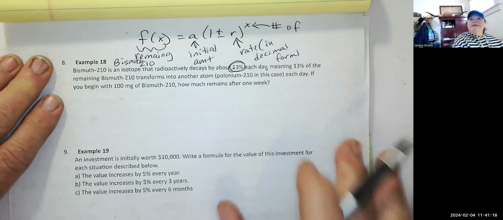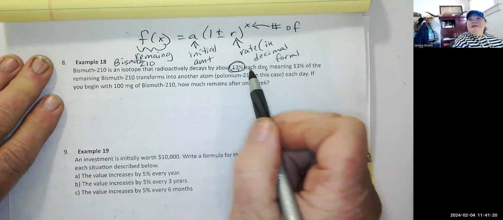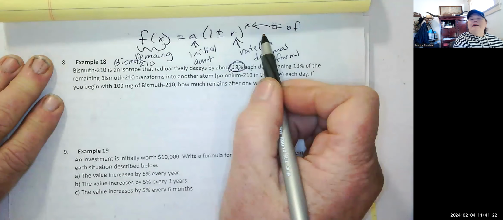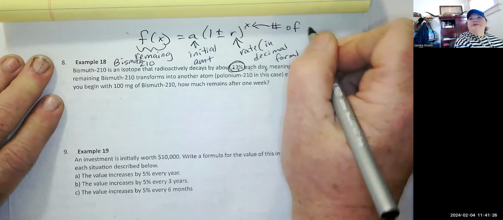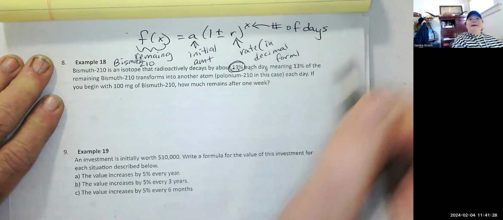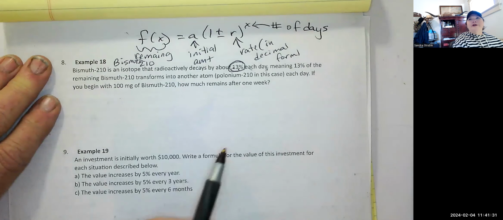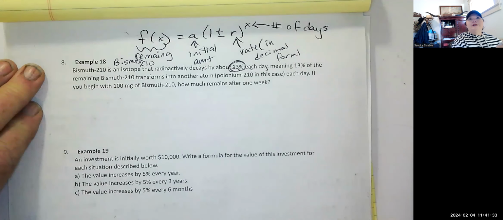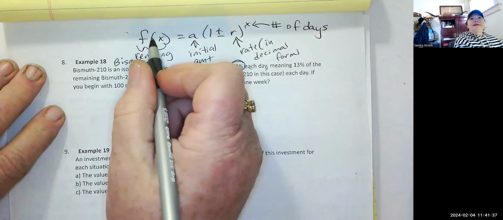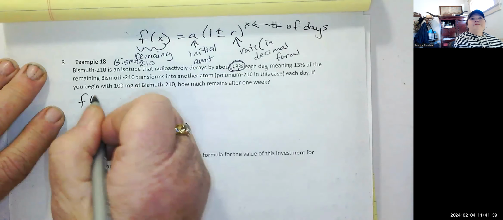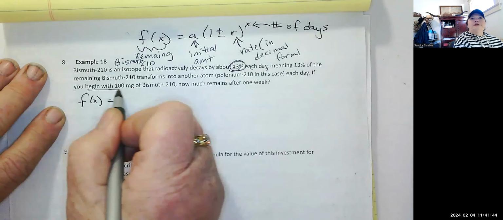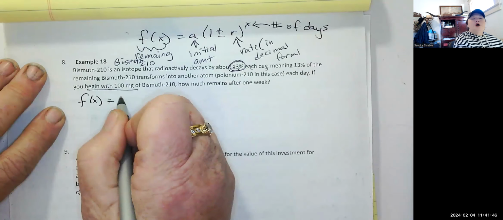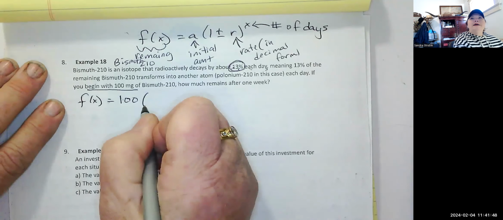But in this case, the change is happening each day. So X has to be how often it's changing. So the X has to be the number of days. When we get to finance, it's going to be every year, but X can be a representation of just our time that it's changing. So I can start with f of x is equal to my initial amount, 100 milligrams, times 1.